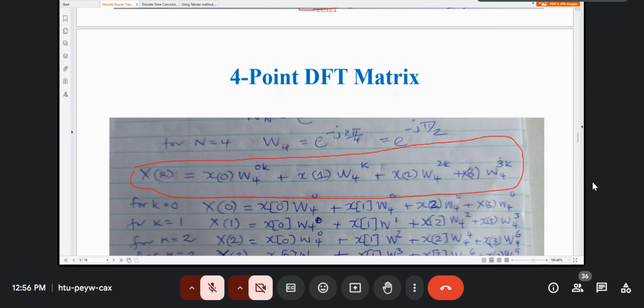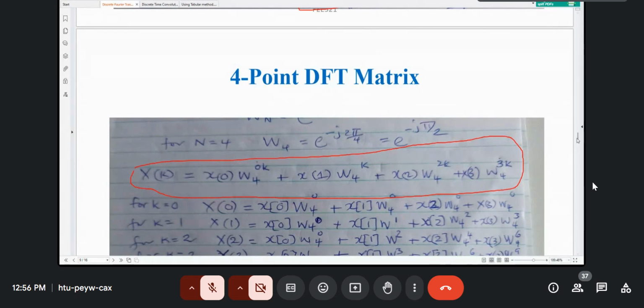So when you have x of k, it means x of 0 times the twiddle factor for N equal to 4, you write W_4 to the power 0k, then x of 1 times W_4 to the power 1 times k, then x of 2 times W_4 to the power 2k, because this is just nk, and this 3 is simply 3k.